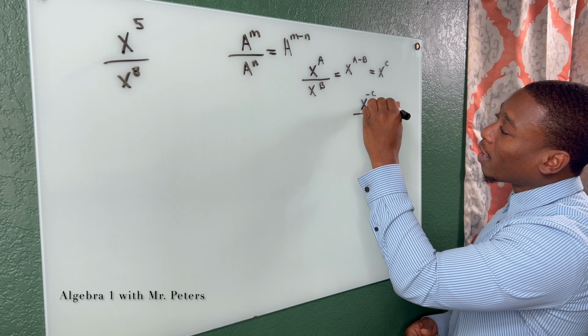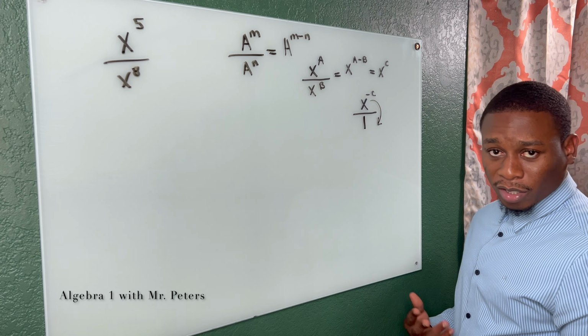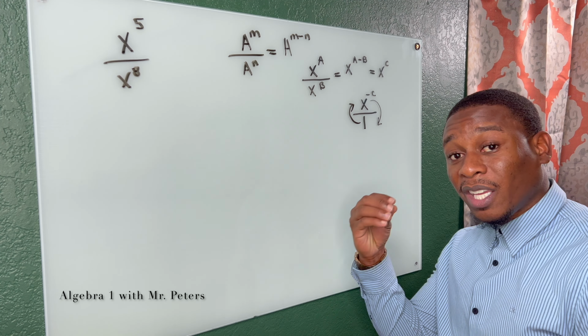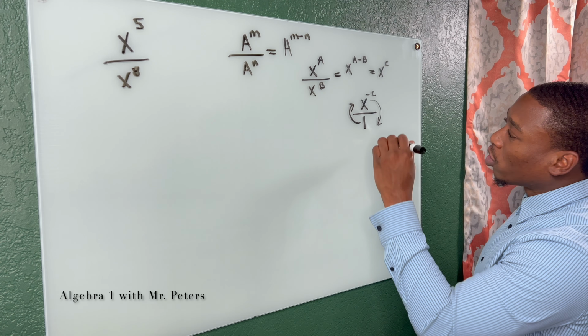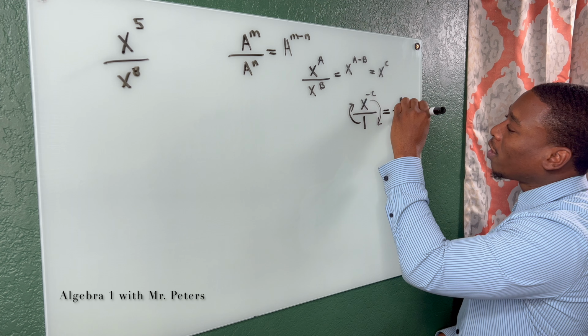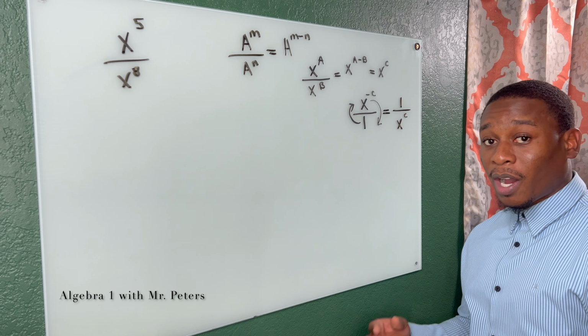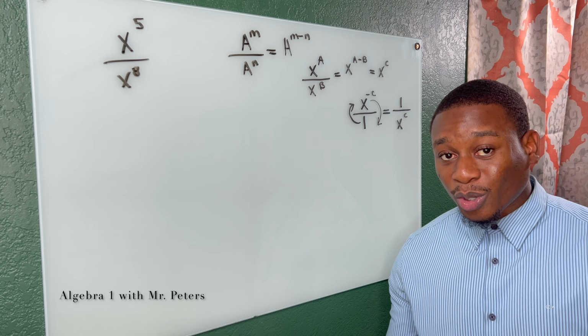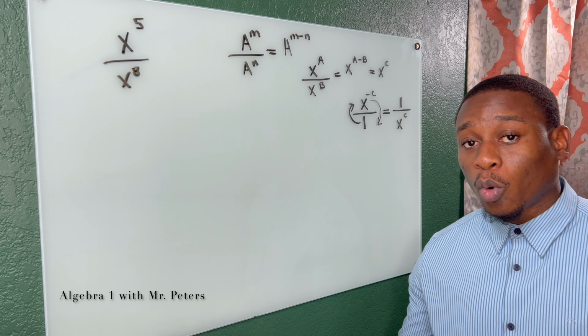And then we're going to take that base and exponent, bring it down to the bottom, bring 1 to the top. Basically, we are taking the reciprocal. So as a result, our answer will be 1 over x to the c, and now c becomes positive. So this is the rule that we're going to be using to answer these type of exponent questions.